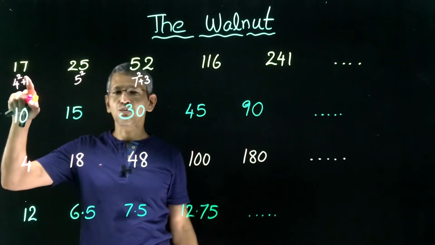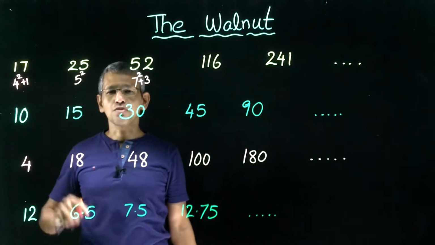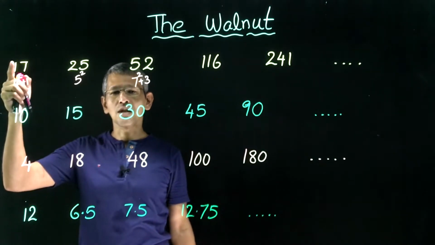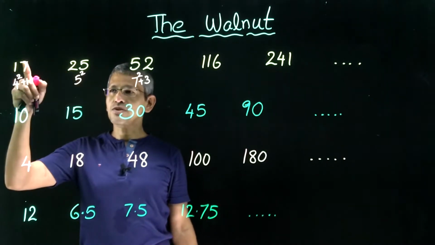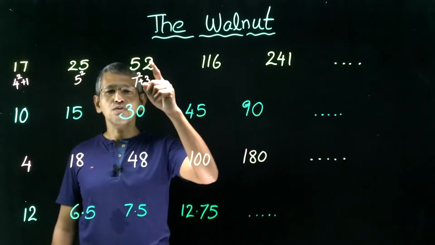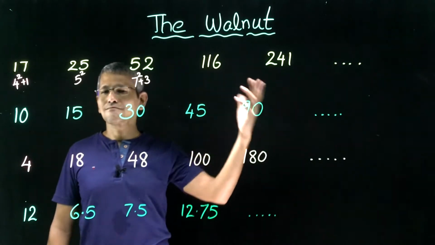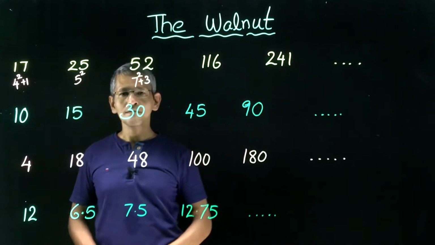Because for 17, the nearest cube is 2 cube, 8, or 3 cube, 27. So 3 cube minus 10. This is 3 cube minus 10, this is 3 cube minus 2, this is 4 cube minus 12, and this is 5 cube minus 9. It doesn't work. Anything else?